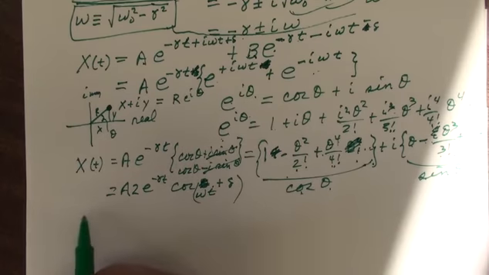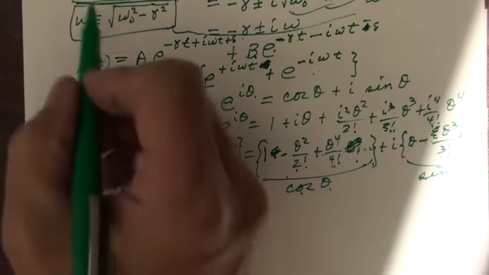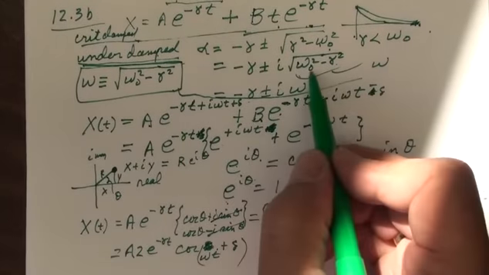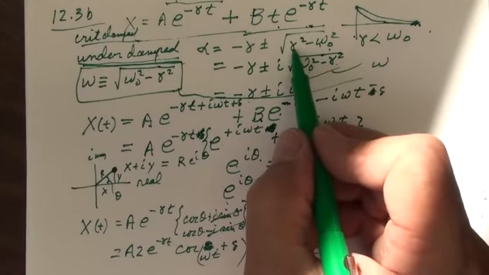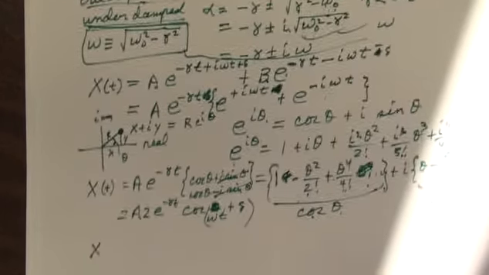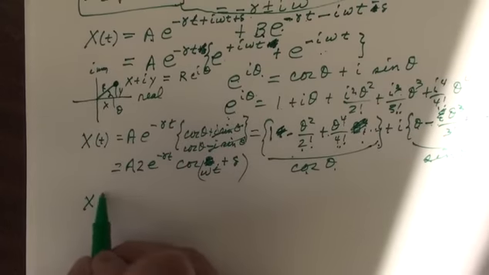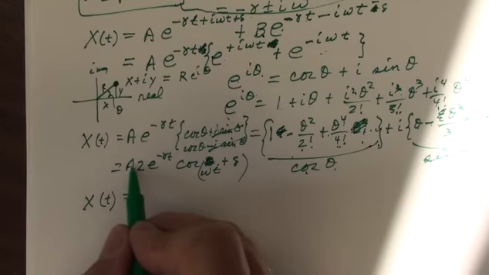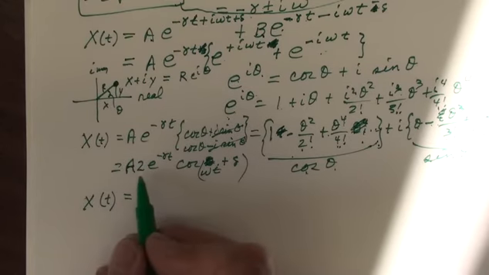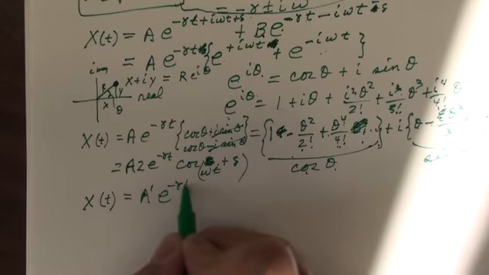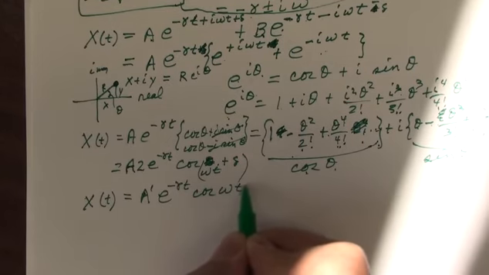So what does our solution end up being for the underdamped case? That's where gamma is less than omega naught. We inverted these, got an imaginary number, and we're able to solve this. And we end up with x of t is equal to, and now I can just change this and define, A can be anything, so I define a new A to be that old A. We can call it A prime, e to the minus gamma t cosine of omega t plus delta.